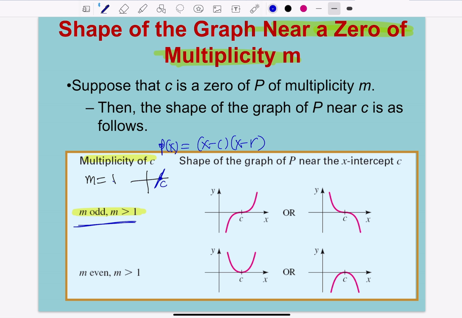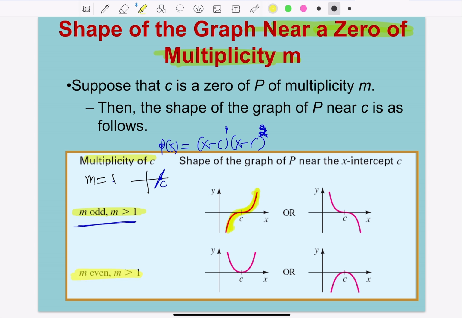So if the multiplicity of a 0 is odd and it's greater than 1, then my graph is going to do that slowing down thing around that point. It's not going to just cut through the axis, it's going to be slowing down at that point.